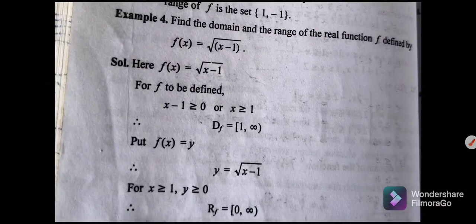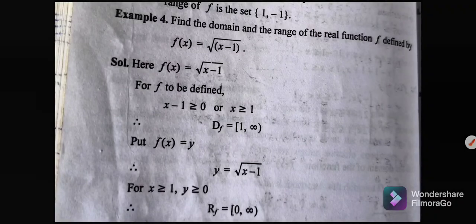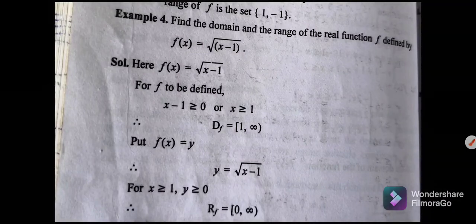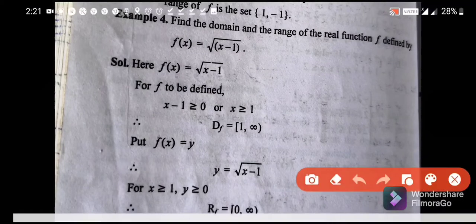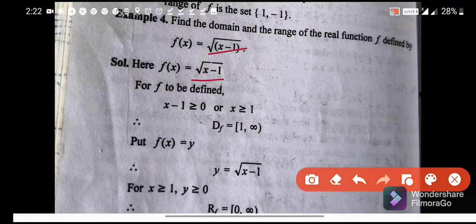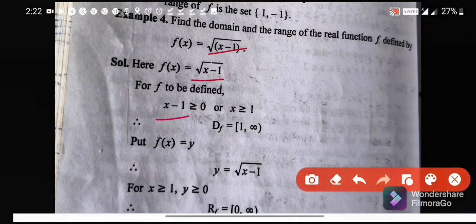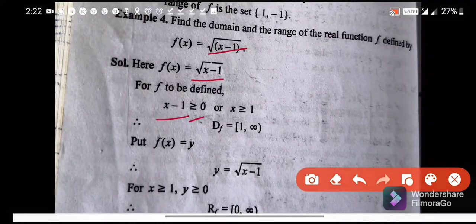Find the domain and range of the real function f defined by f(x) equals under root of x minus 1. Now again for domain, under root of x minus 1 is greater than equal to 0, that is x minus 1 is greater than equal to 0, that is x is greater than equal to 1. So domain of function is equal to 1 to infinity, closed interval.